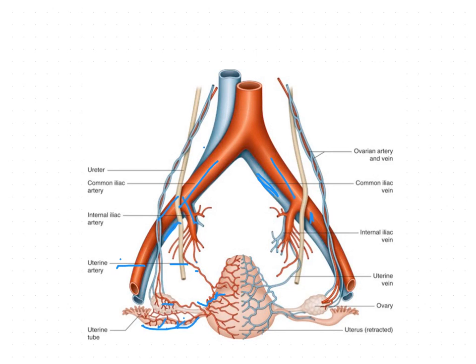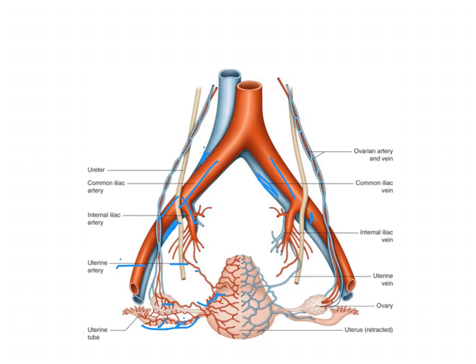The right common iliac vein is posterior to the vena cava above, and below it is somewhat medial.